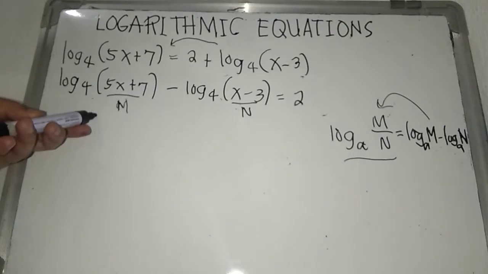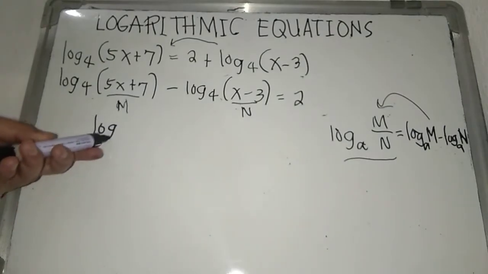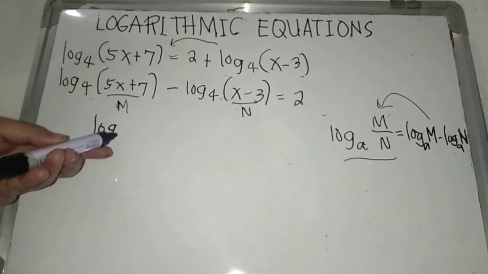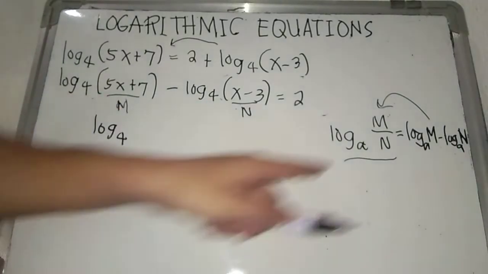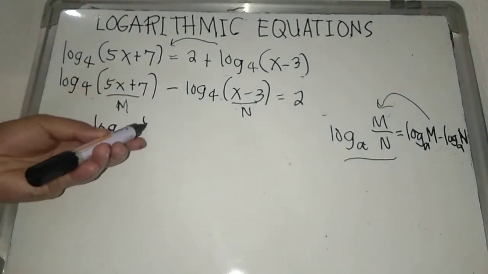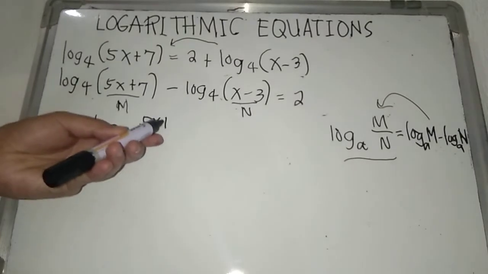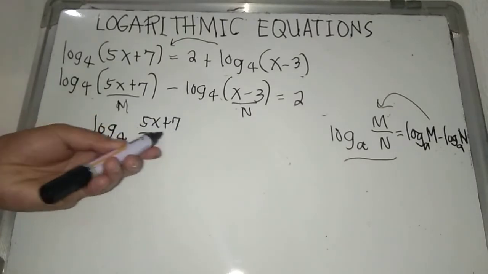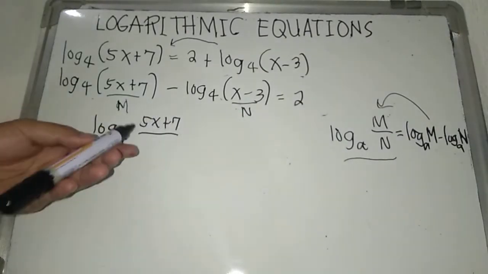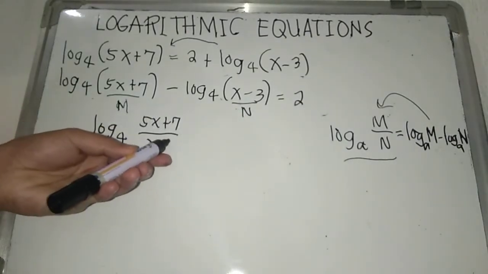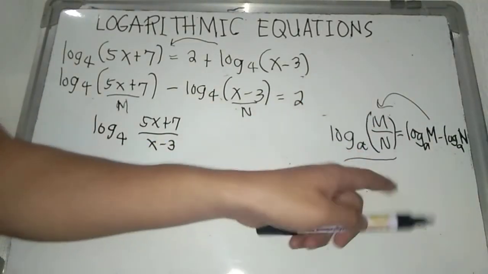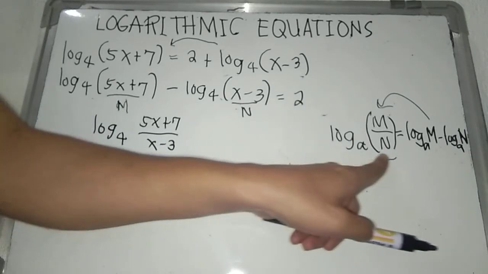So copying the log, copying the same base, which in this case is 4. And then what is your m? Your m is actually 5x plus 7. That will serve as your numerator over your n, which is your x minus 3. So m over n is actually your function inside the log expression.